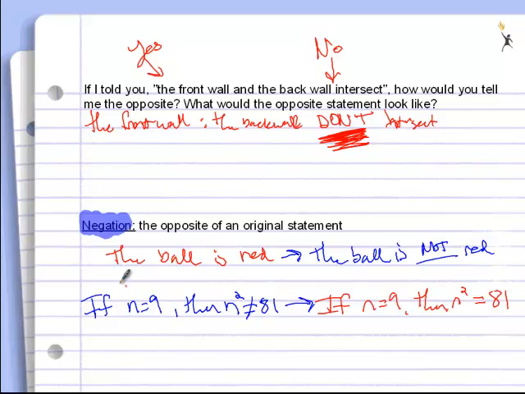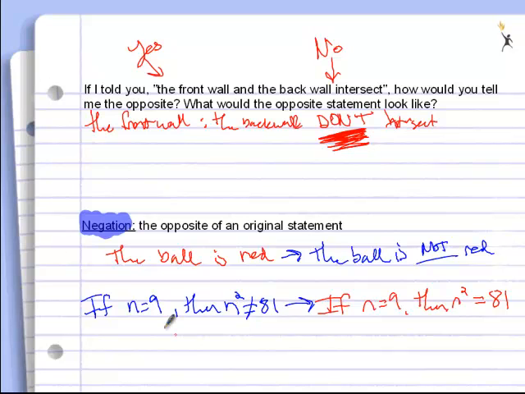If I told you that if n equals 9, then n squared equals 81, and you told me the opposite, you would tell me if n equals 9, then n squared does equal 81. So think of the negation as the opposite of an original statement. And that'll help you, whether the opposite involves a ball being red or something squared being 81.